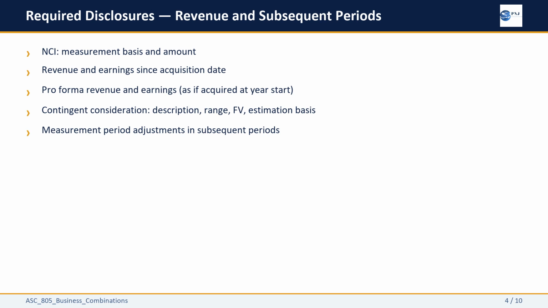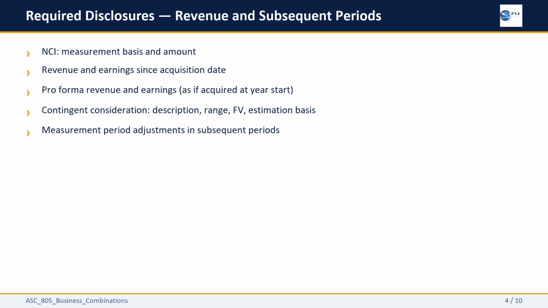Additional disclosures cover three important areas. First, the non-controlling interest, its measurement basis, and the amount recognized. Second, financial performance: the revenue and earnings of the combined entity since the acquisition date, and pro forma revenue and earnings as if the acquisition had occurred at the start of the fiscal year.